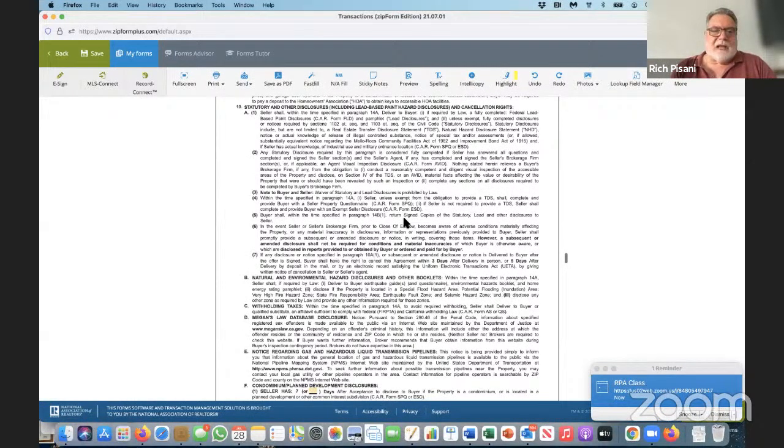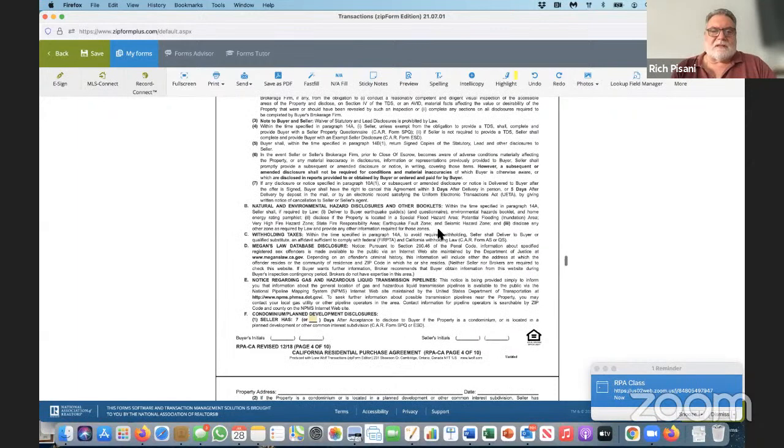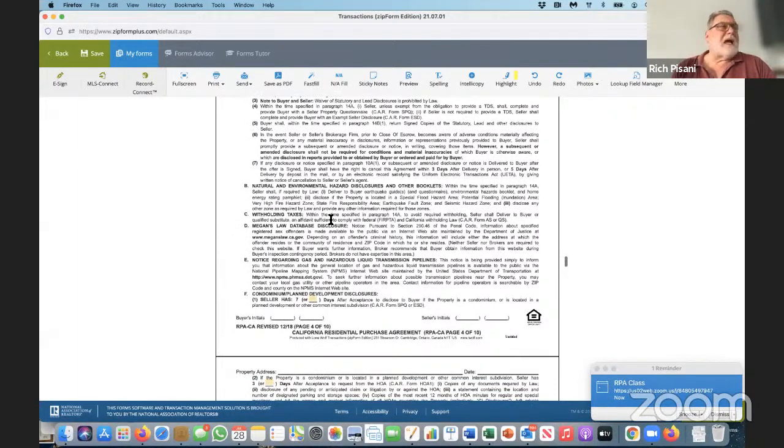What else? Moving on, it mentions the natural hazards, withholding taxes. It's important to note that the buyer is responsible to send in the seller's taxes on the sale, unless the seller fills out a FIRPTA form, which says that they're either exempt or whatever.